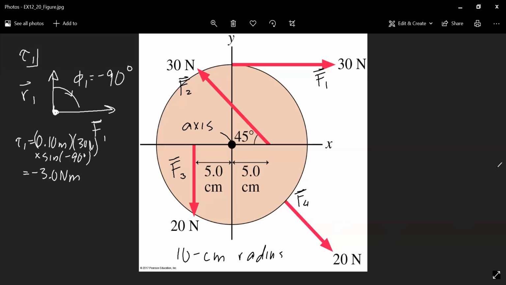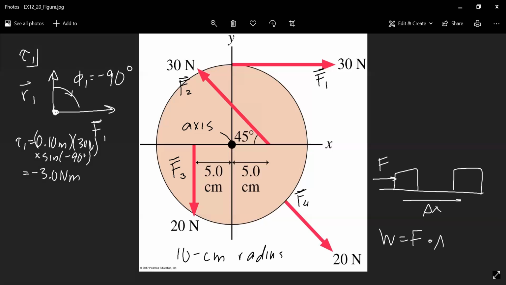On the upper right-hand side here is the classic picture of a force acting on an object as it goes through a displacement, delta x. The work done by that force is when it acts on the object over that linear displacement, and therefore has a change in kinetic energy.